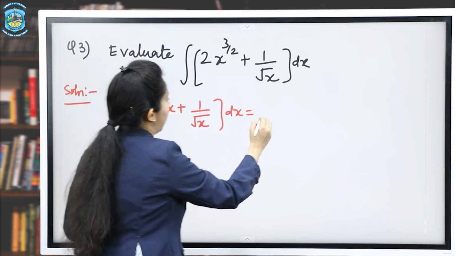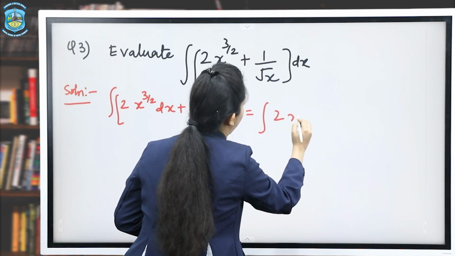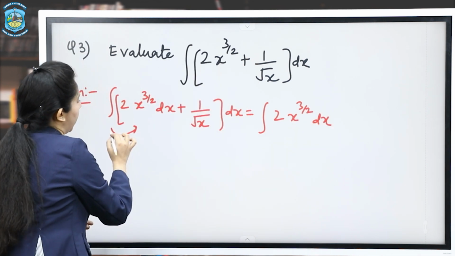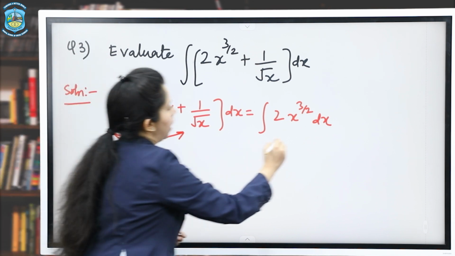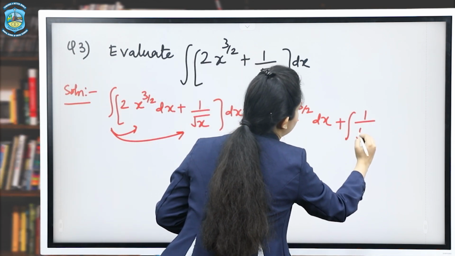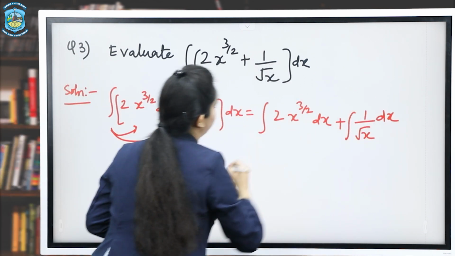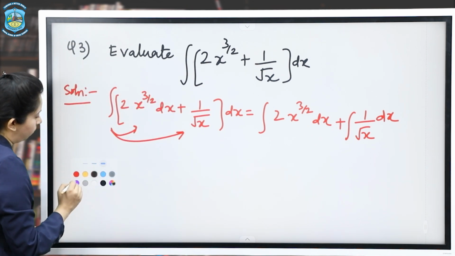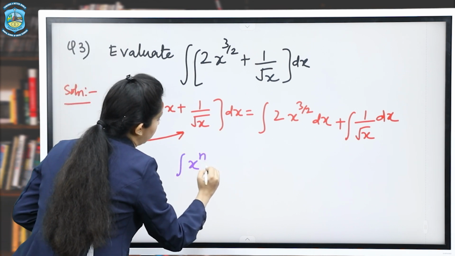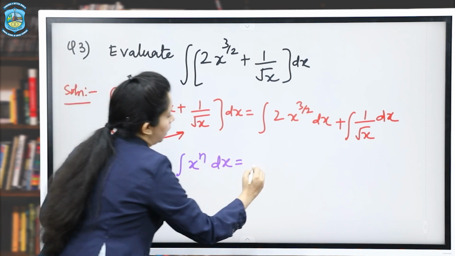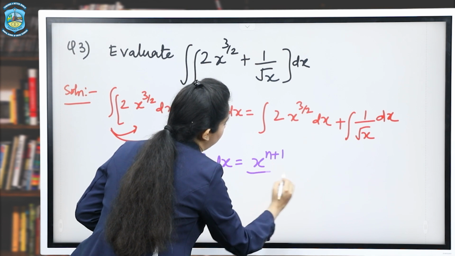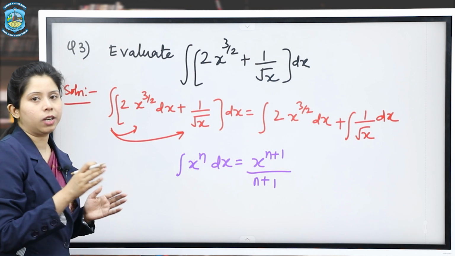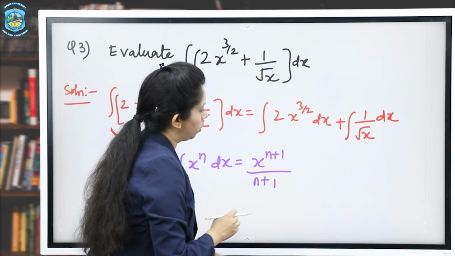So this can be written as the integral of twice x raised to the power 3 by 2 dx, plus, since the integral gets distributed over both the terms, the integral of 1 by square root x dx. So we have the formula for integration: x raised to the power n dx is equal to x raised to the power n plus 1 divided by n plus 1. Here we can add the constant of integration at the end when we get the solution.